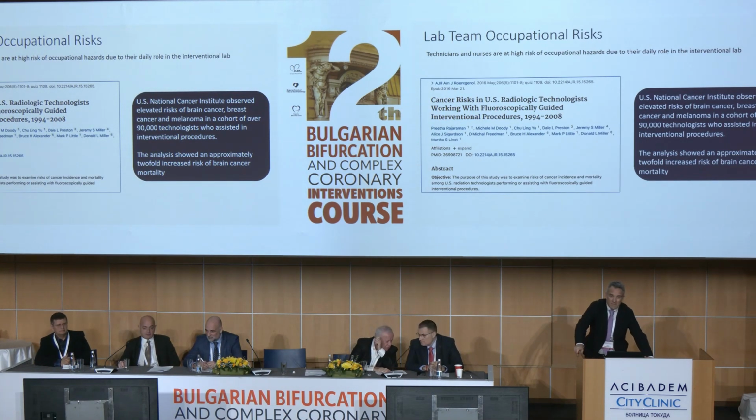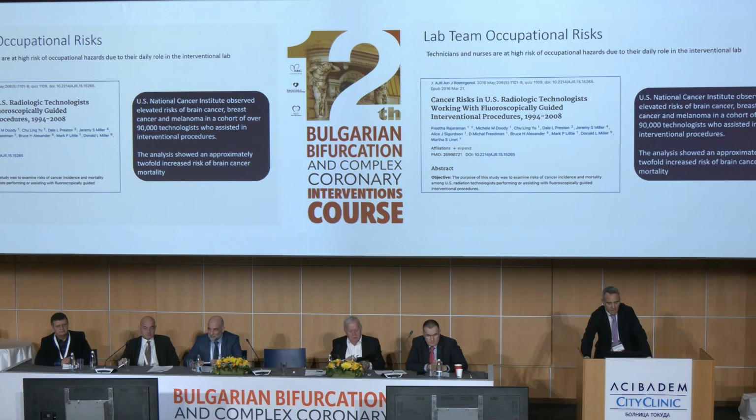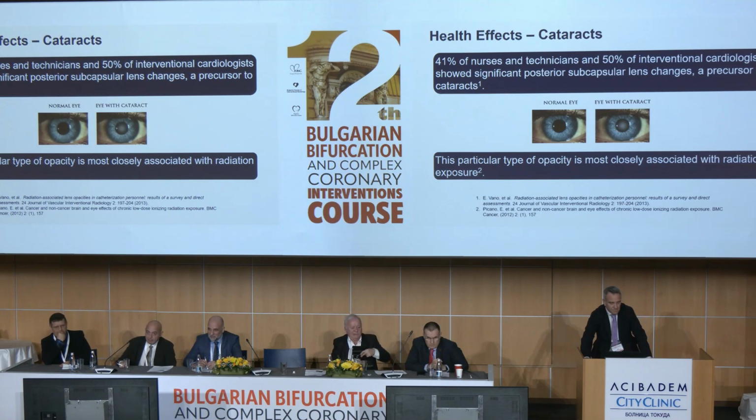There is the occupational risk, of course, and technicians and nurses are also at high hazard. The US National Cancer Institute observed elevated risk of brain cancer, breast cancer, and melanoma in a cohort of over 90,000 technologists who assisted in interventional procedures.